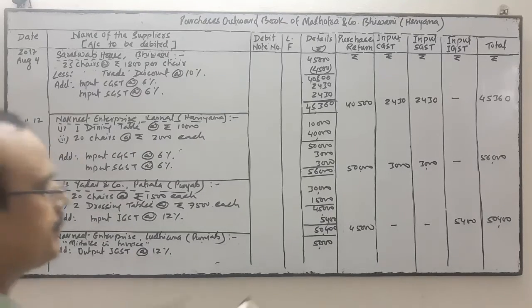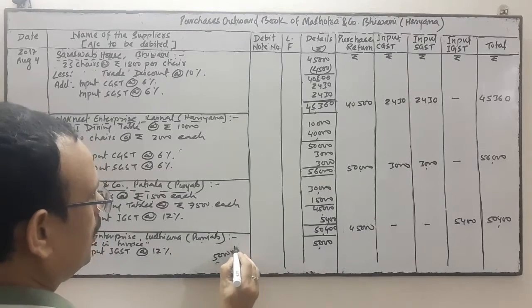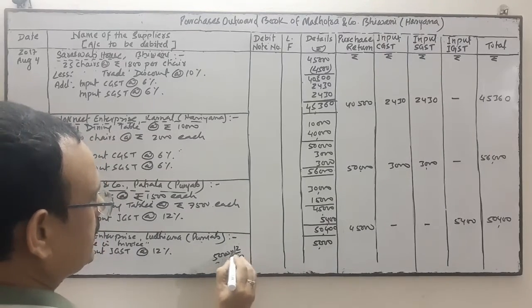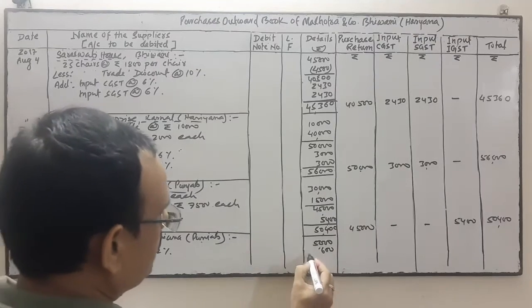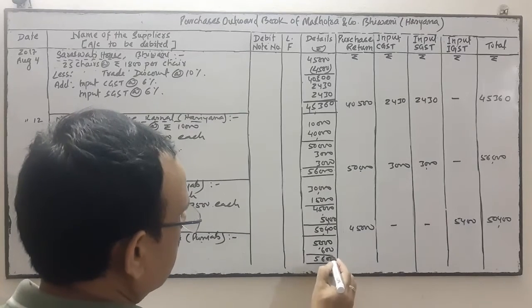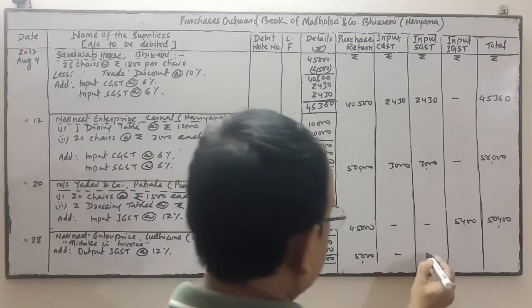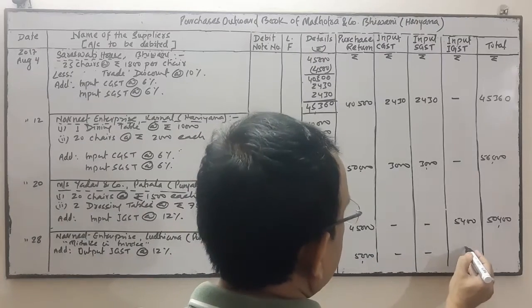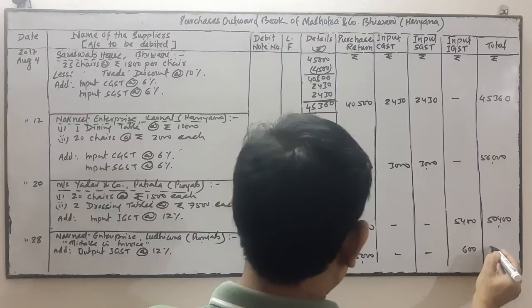So 12% of 5,000 is 600. So 600 will be added, and this will be 5,600. Now we'll write 5,000 over here, and in integrated GST we will write 600.